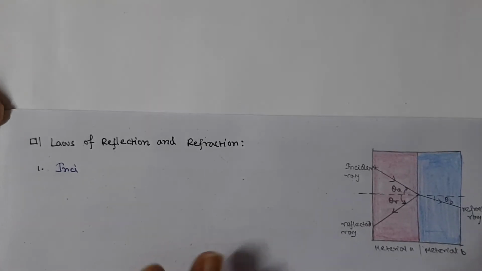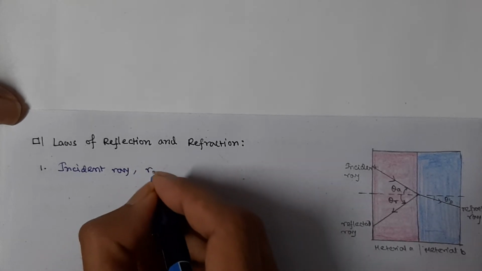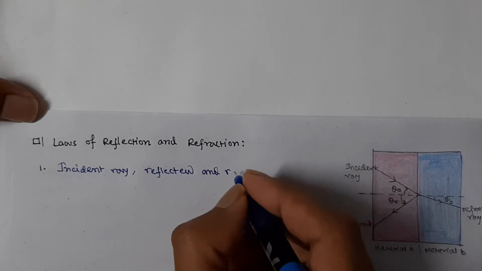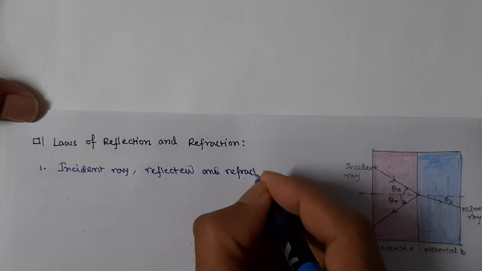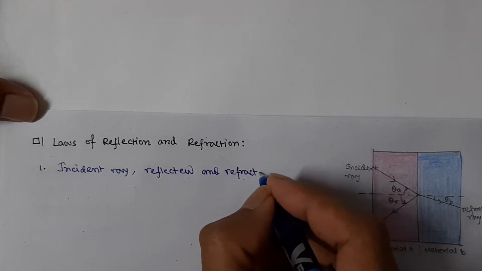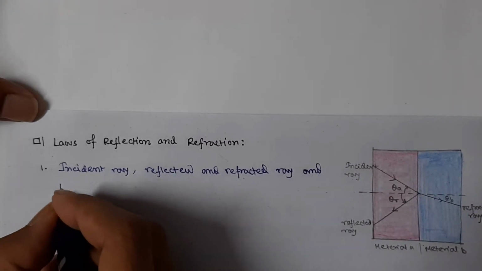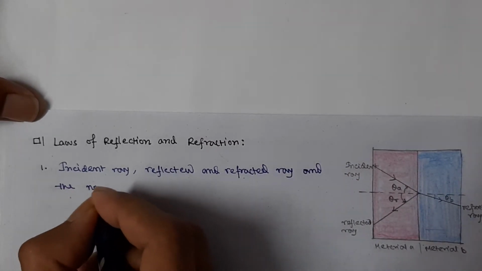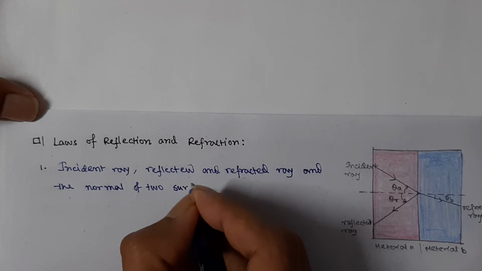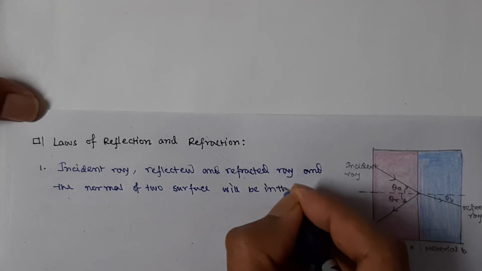Incident ray, reflected ray and refracted ray. I take one ray for simplicity. The ray and the normal of the two surfaces will be in the same plane.